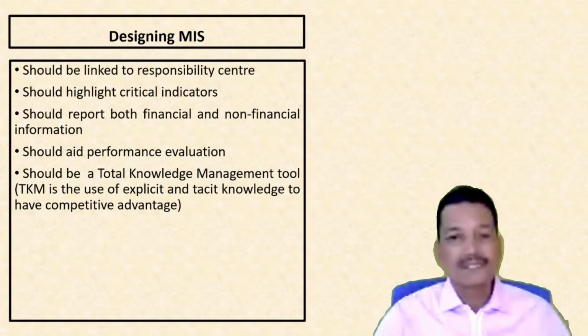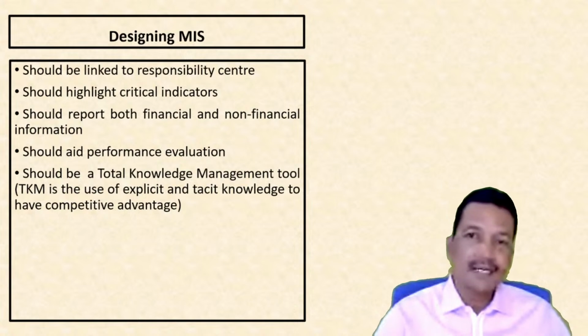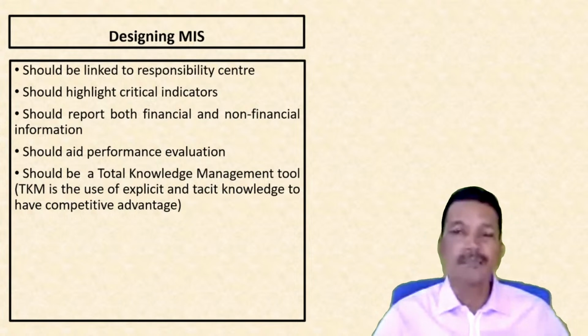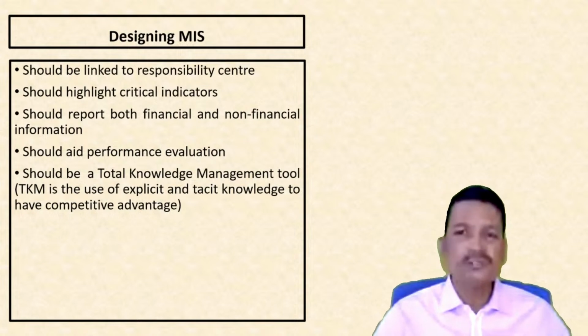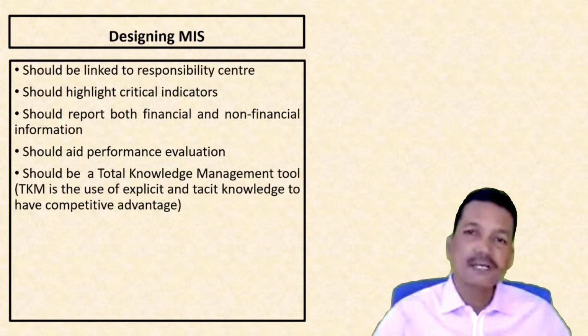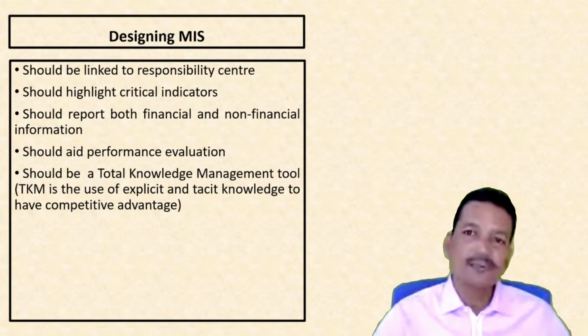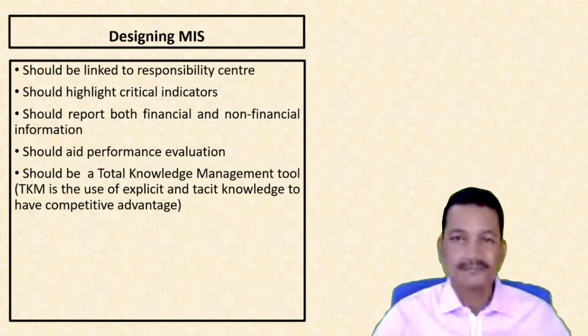Similarly, in organizations, what happens? We have managers. They have certain educational degrees whereby they have passed out from certain universities. The various rules, formulas, laws, theories, etc. are laid down and they have gone through that.